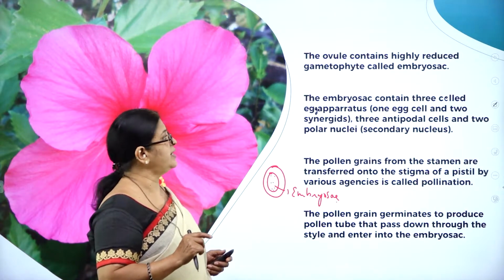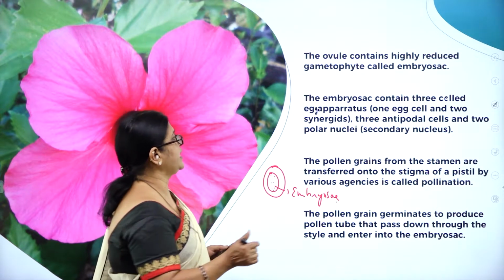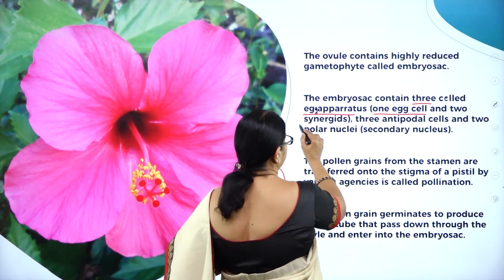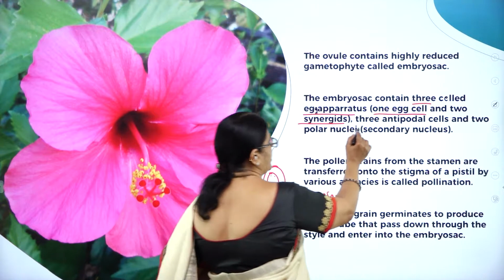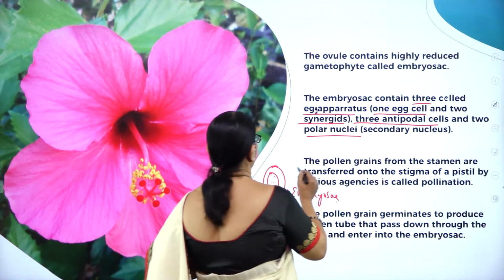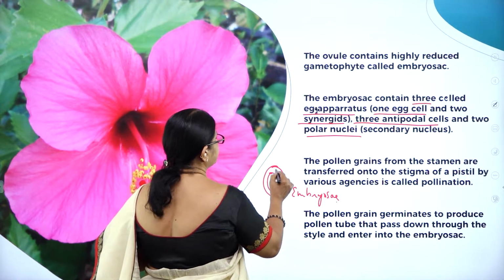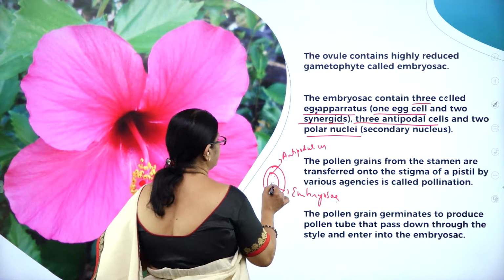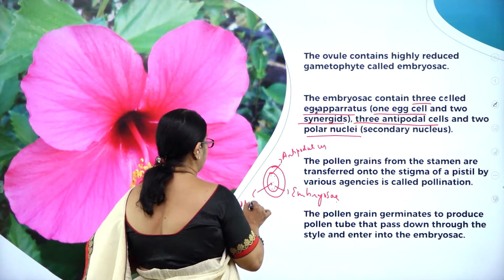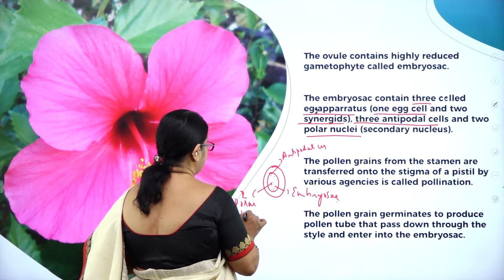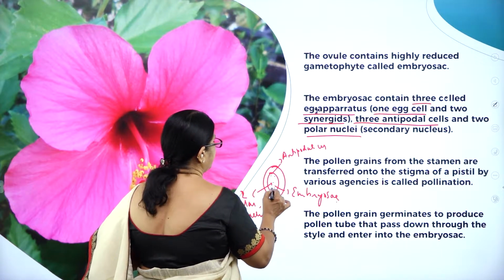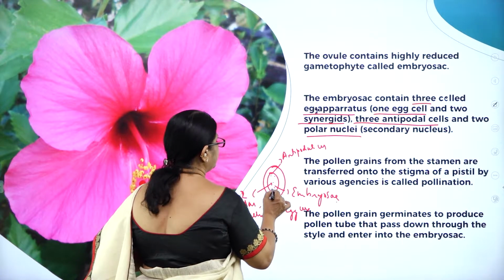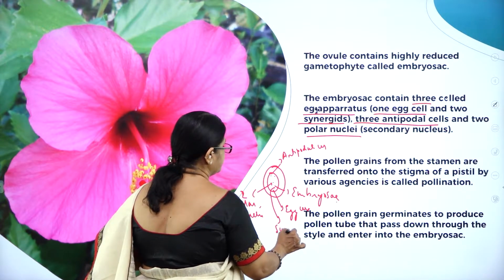The embryo sac contains a 3-celled egg apparatus: one is the egg cell and two are synergids, and there are 3 antipodal cells and 2 polar nuclei. Here, these 3 are called antipodal cells, and these are the 2 polar nuclei.